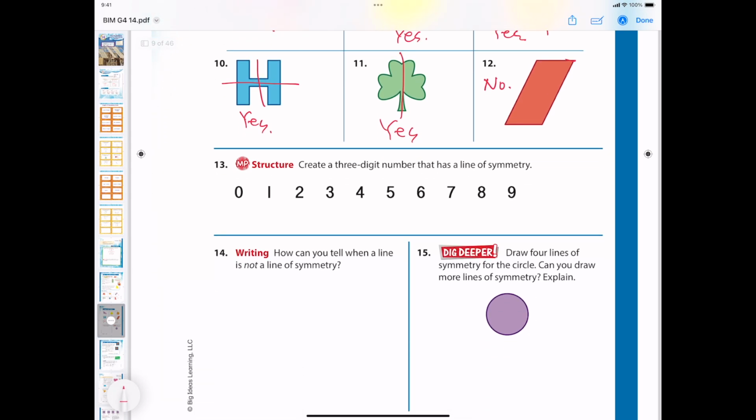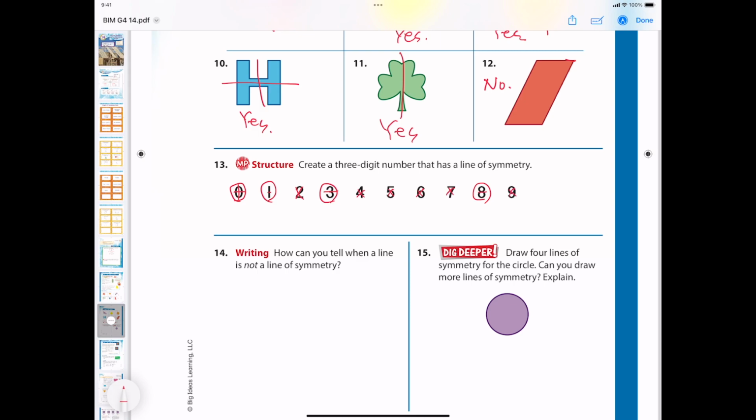Now number 13, create a 3-digit number that has a line of symmetry. All right, 0, maybe like here. Okay, so let's find out the numbers that have a line of symmetry. So this, yes, 0, 1, yes, of course. 2, no. 3, yes, when you fold it, right? 4, no. 5, no. 6, 7, 8, maybe, yes, like a snowman, right?